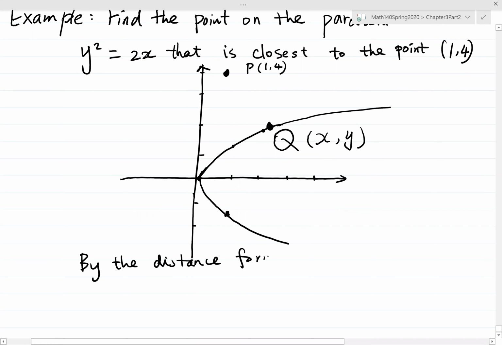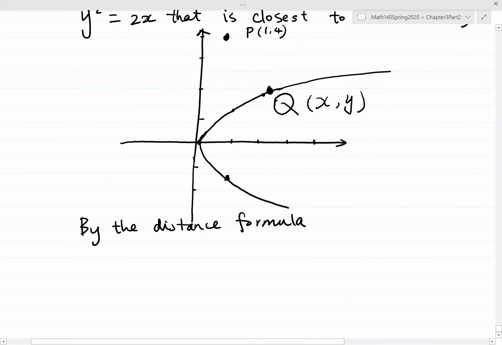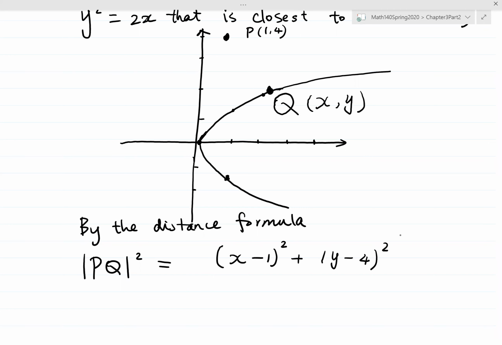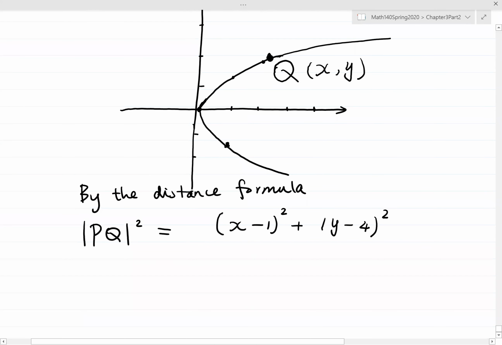PQ squared, we know the coordinates of P and Q, so you can find PQ squared by the Pythagorean theorem: x minus the x coordinate of P, squared, plus y minus the y coordinate of P, which is 4, squared. So we want to minimize PQ, and it suffices to minimize PQ squared.